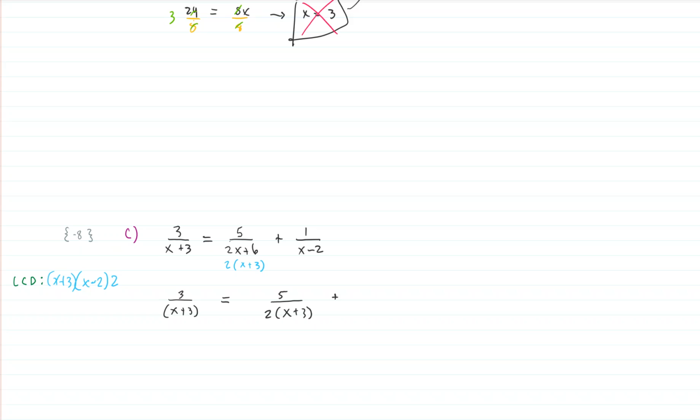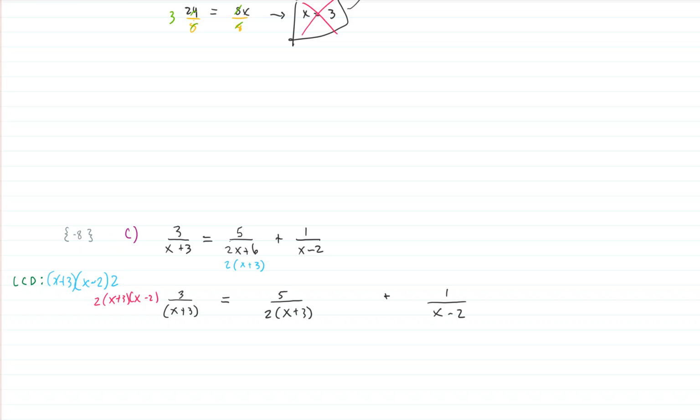I'm going to distribute the common denominator through all of them right at the beginning. So I have 1 over x minus 2. So if we distribute that common denominator, or multiply it, then we have 1 in the front here, so we have x plus 3, we have x minus 2, and we have 2 there.